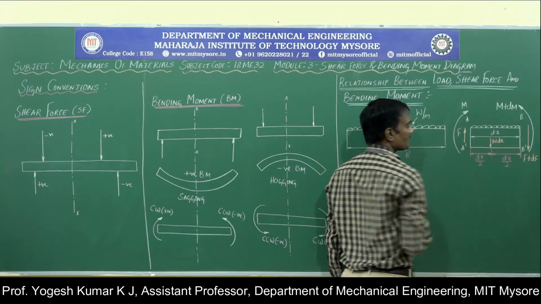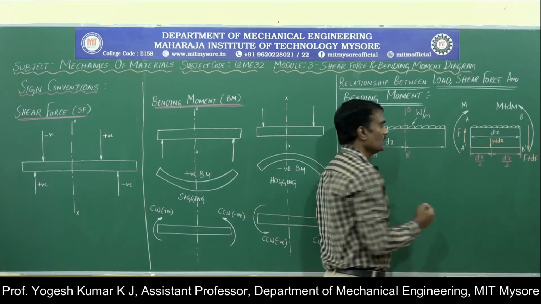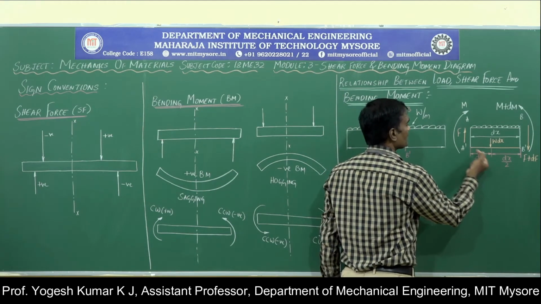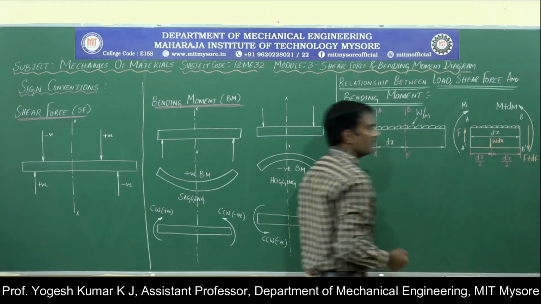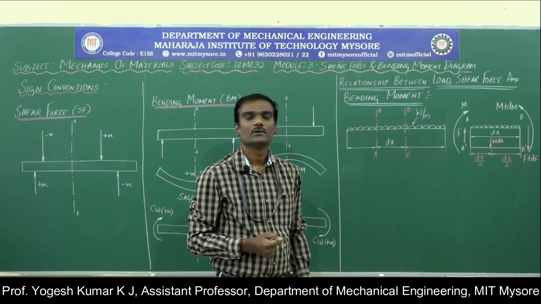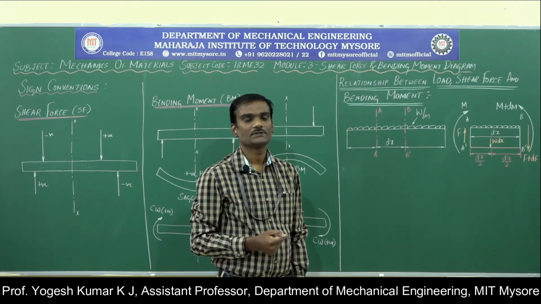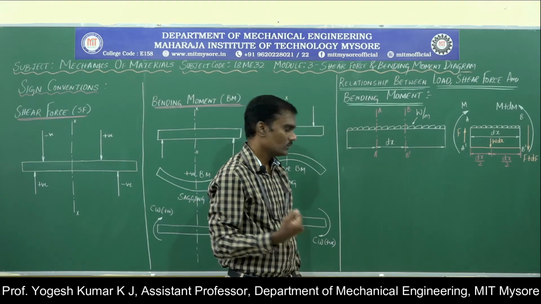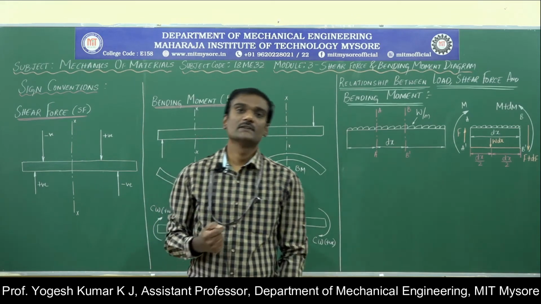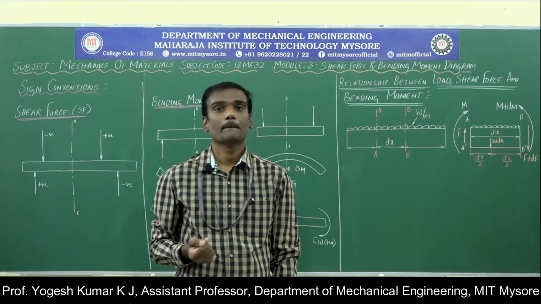For a length dx, where is the midpoint? It will be at a distance dx by 2 from section AA dash and dx by 2 from section BB dash. Is that clear? Fine.